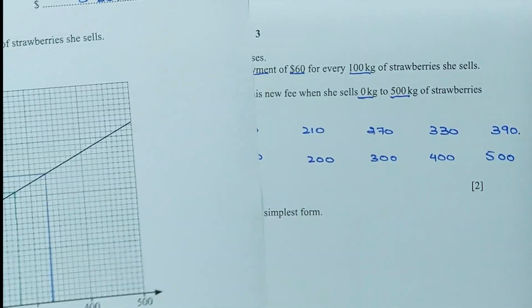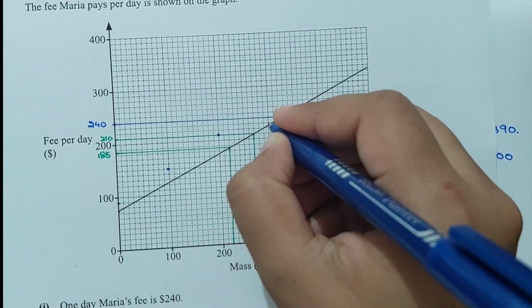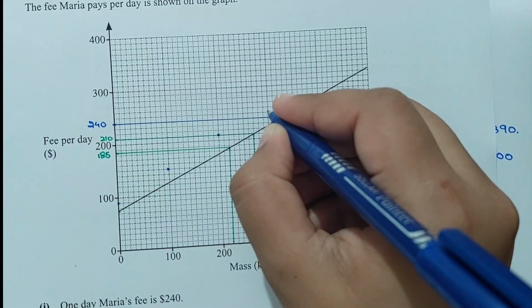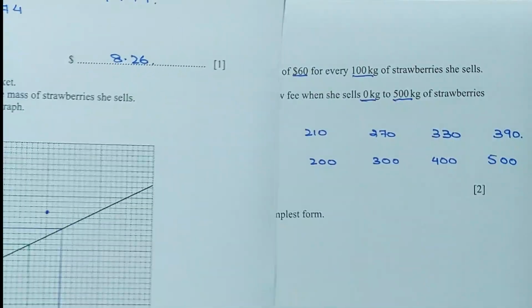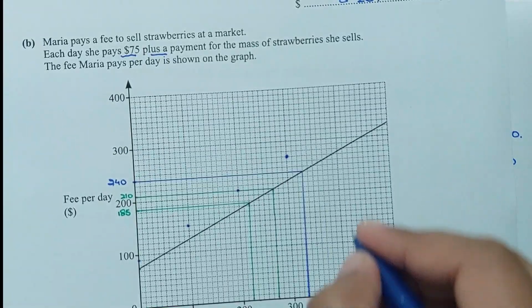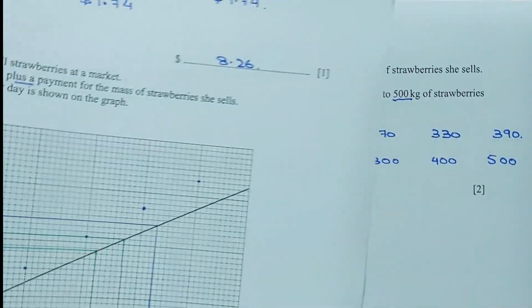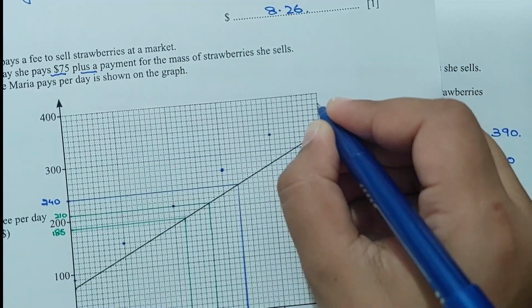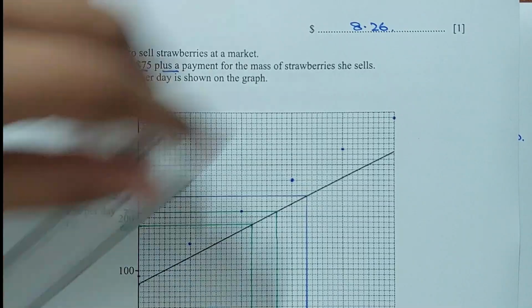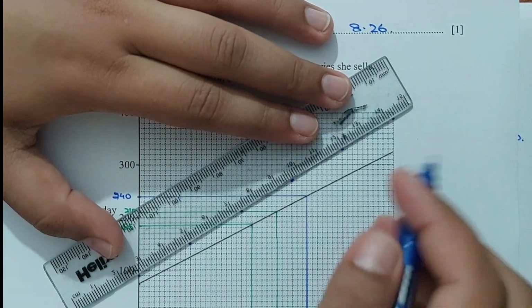At 300 it is 270, this is 300, 250, 60 and 70, 270. At 400 it is 330, this is 310, 20 and 30. And at 500 it is 390, 350, 60, 70, 80 and 90 over here. Let me draw that straight line, connecting all the points.